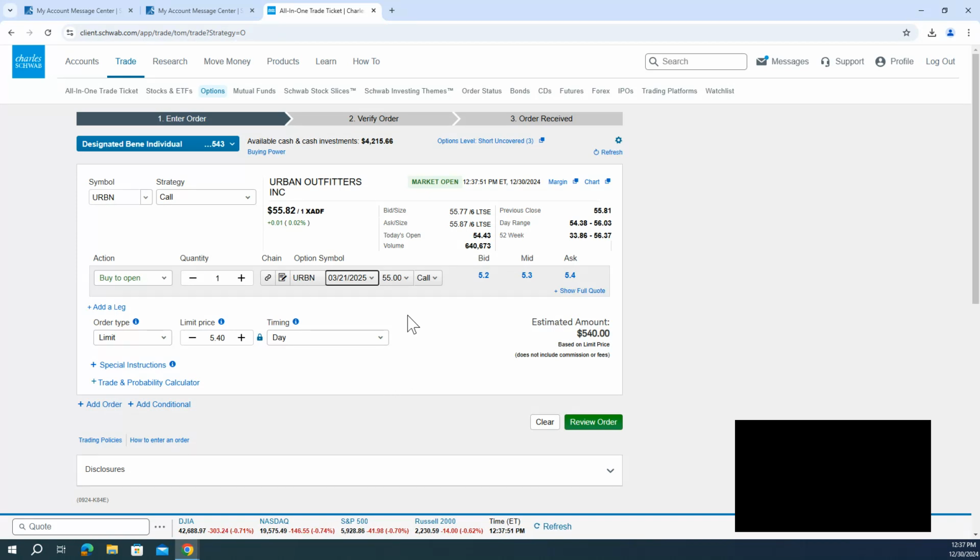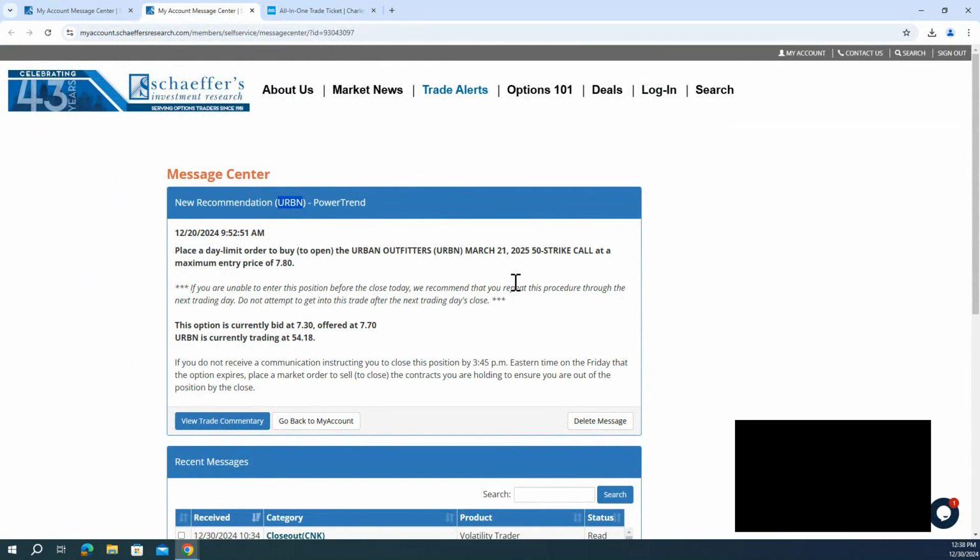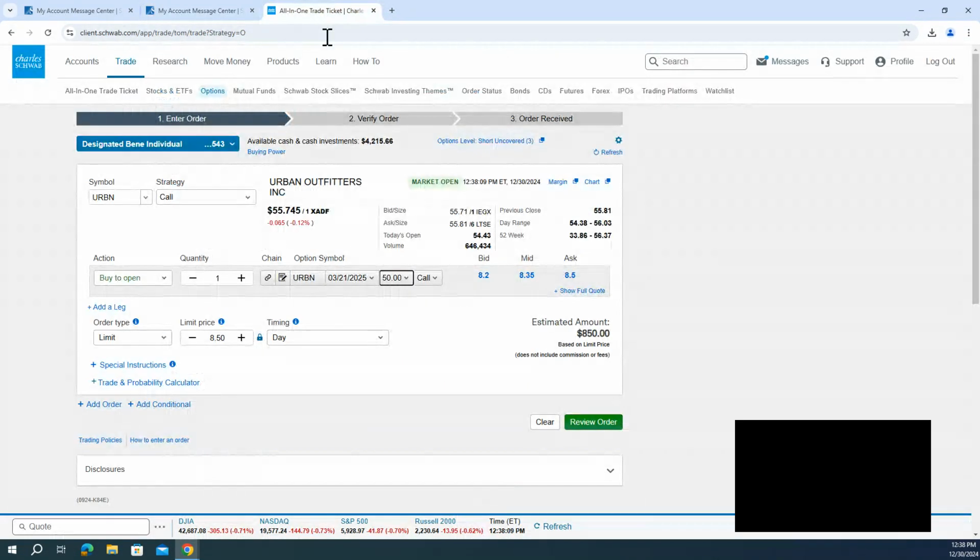And here we want to select the strike of $50. So here we are buying the ability to purchase 100 shares of Urban Outfitters for $50 a share at any time between now and March 21st. And right now, as you can see, the stock's trading at $55.74. So that is very much a good deal.